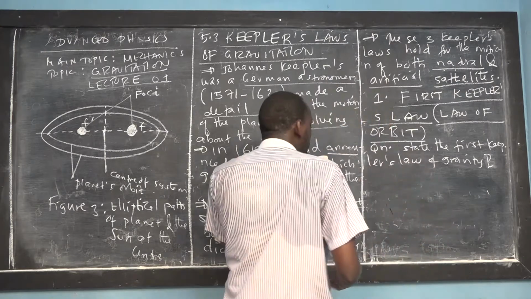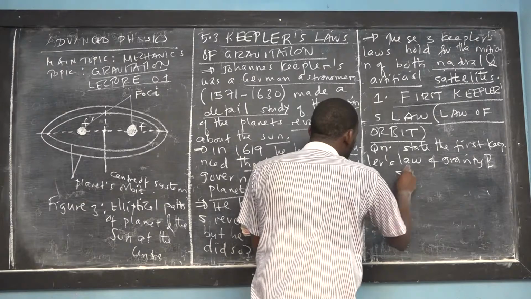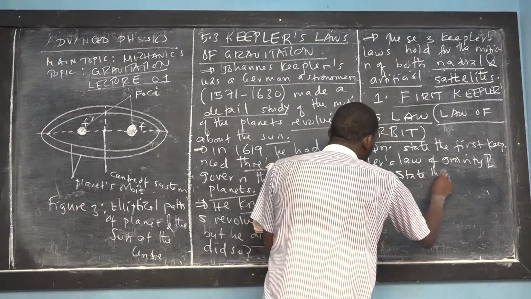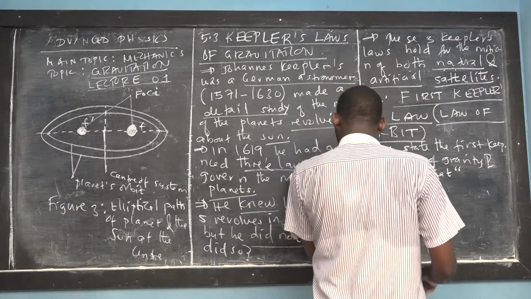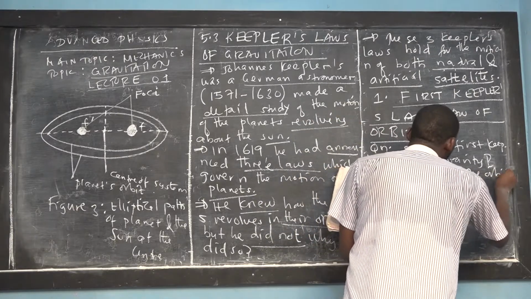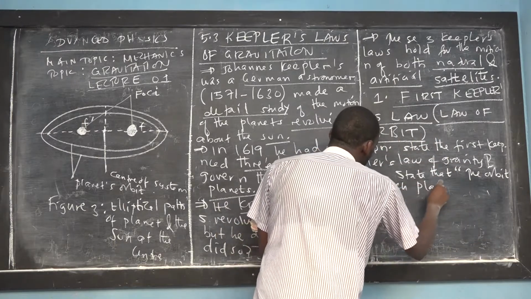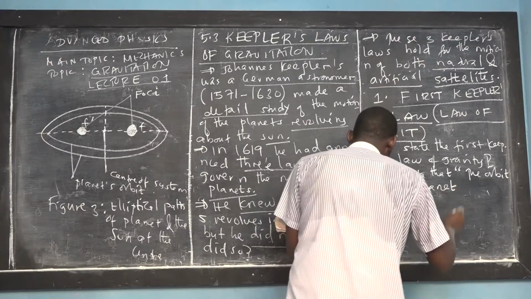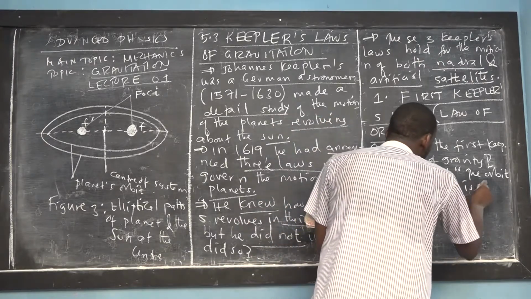This law states that, okay? First Kepler's law states that the orbit of each planet is an ellipse.